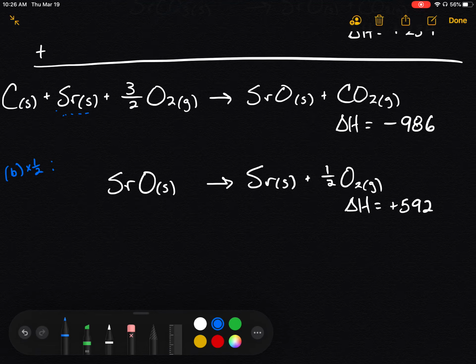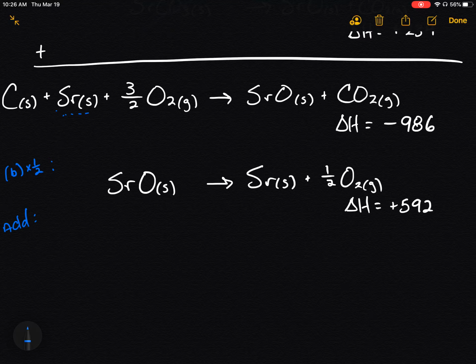Okay, and then we can add together these two reactions, or two equations.